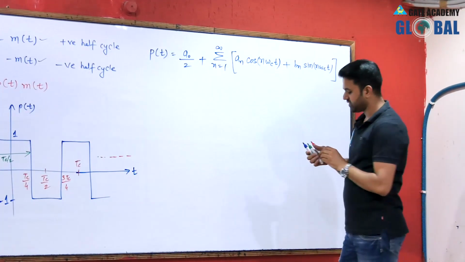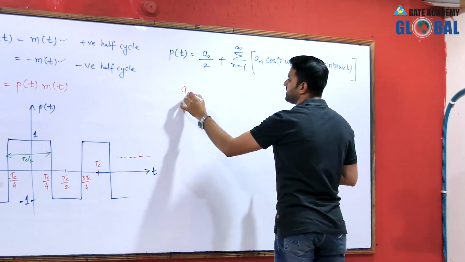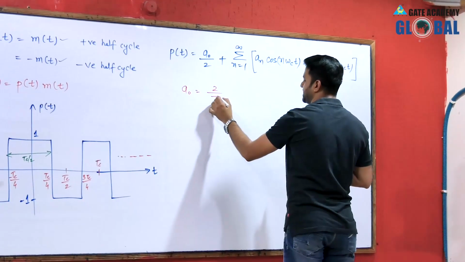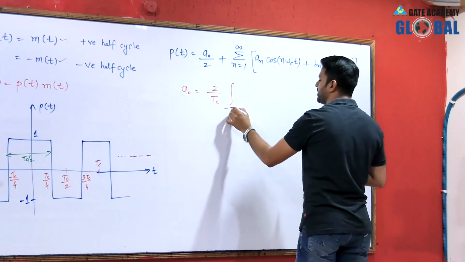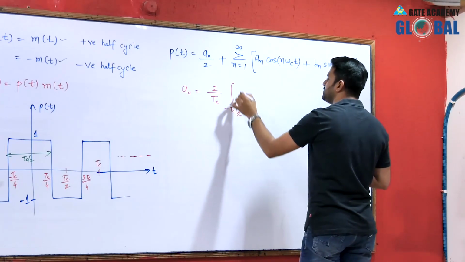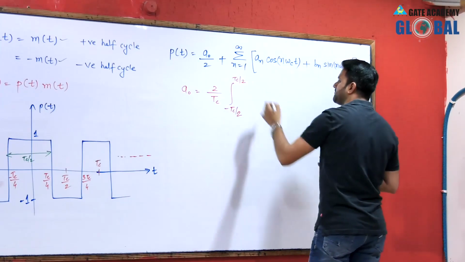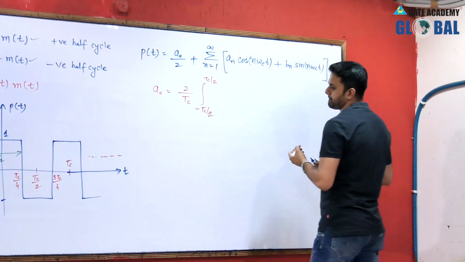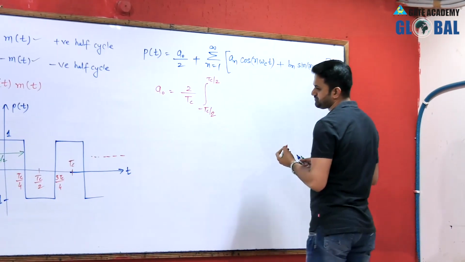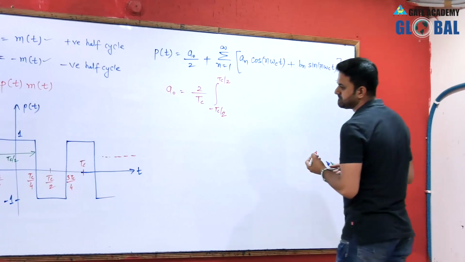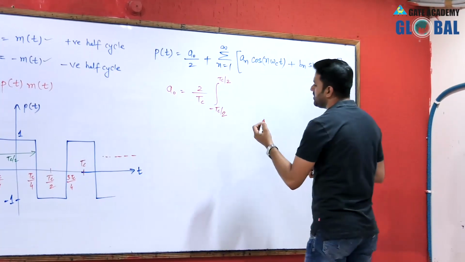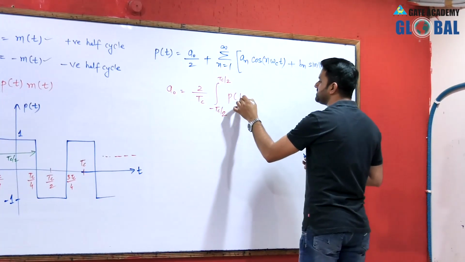One by one we will calculate the values. Let us calculate the value of a0. This is 2 upon the time period Tc, integration from -Tc/2 to Tc/2 of p(t) dt.